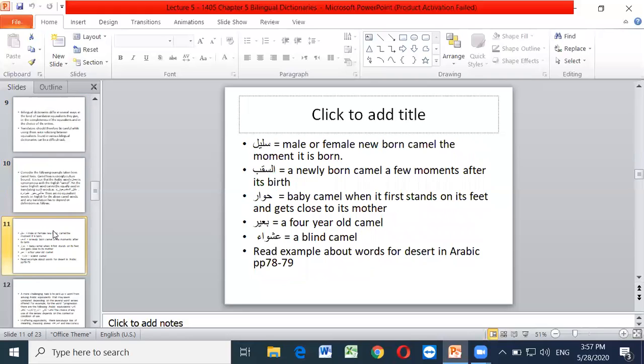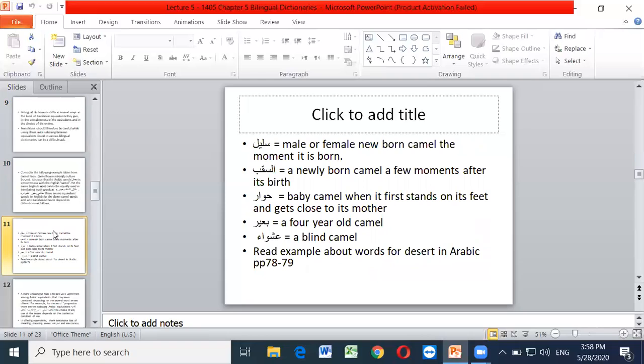The salil is a male or female newborn camel the moment it is born. A saq is a newly born camel a few moments after its birth. Hiwar, baby camel when it first stands on its feet and gets close to its mother. Ba'ir, a 4-year-old camel. Ashwa, a blind camel.